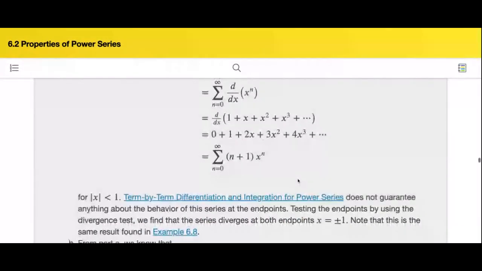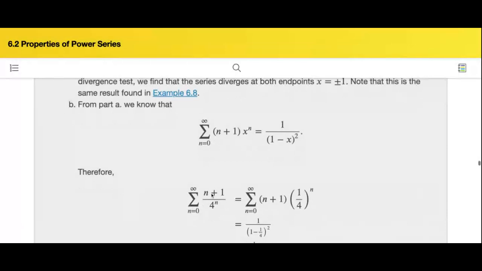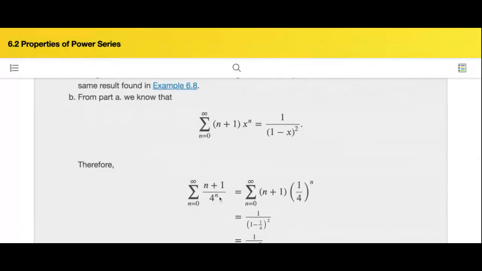Okay, now let's see B. So we know 1 over (1 minus x) squared can be represented as the sum of n plus 1 times x raised by n. Now we can use this for n plus 1 divided by 4 raised by n. So n plus 1 times 1 over 4 raised by n. We just think of 1 over 4 raised by n, in this case, as x raised by n.